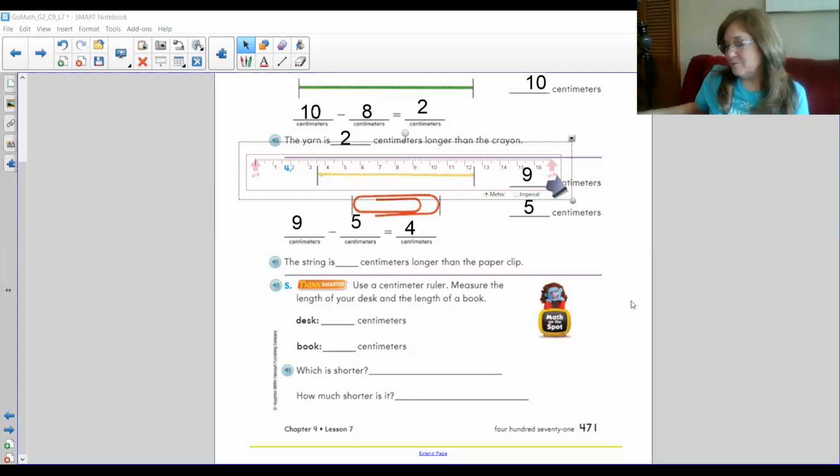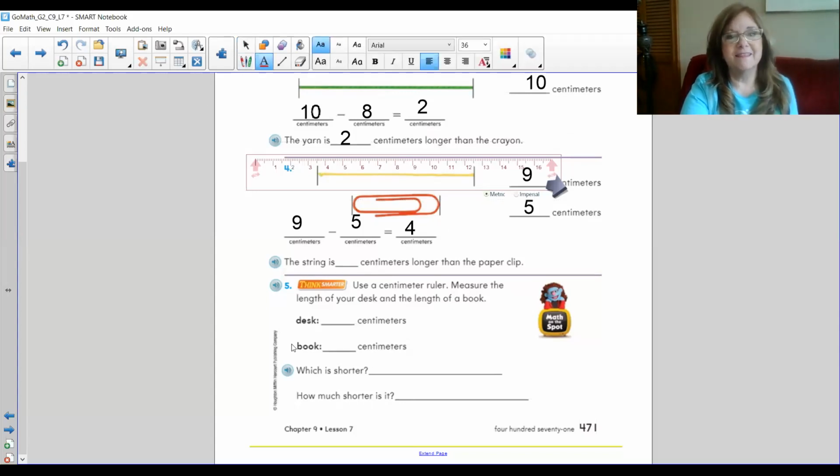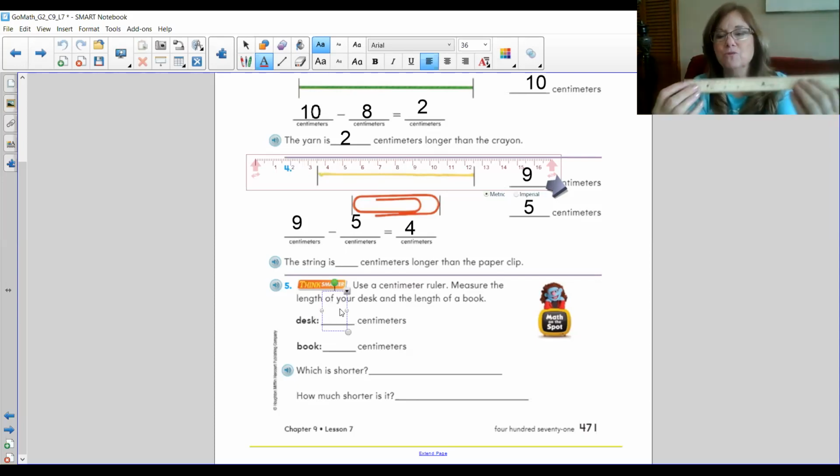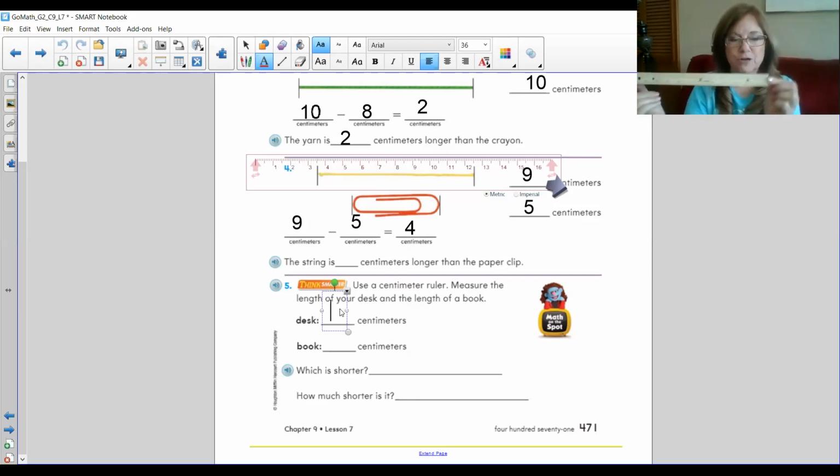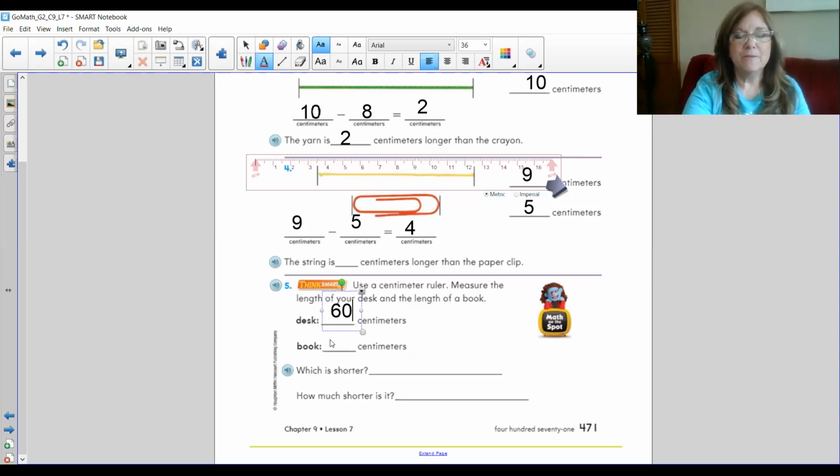If you didn't, we can just write in the numbers that Joey and Professor Rena came up with. So their desk that they measured, do you remember what that was? It was actually 2 rulers long, and a ruler is about 30 centimeters, and it was 30 and 30, which makes 60.